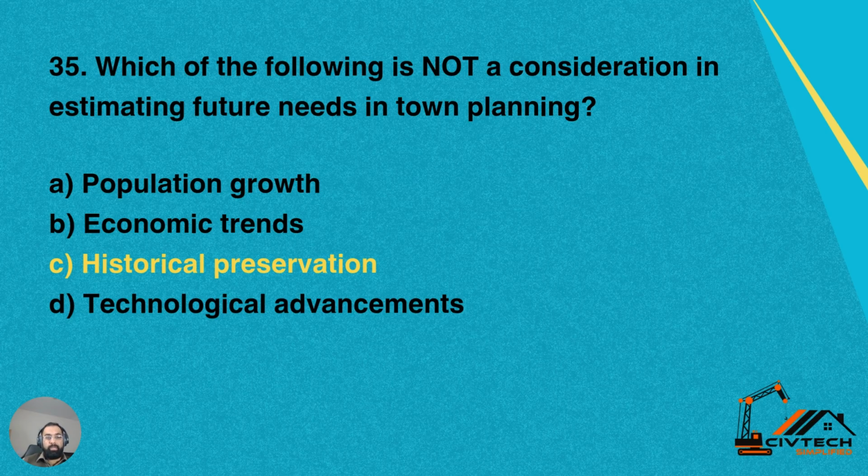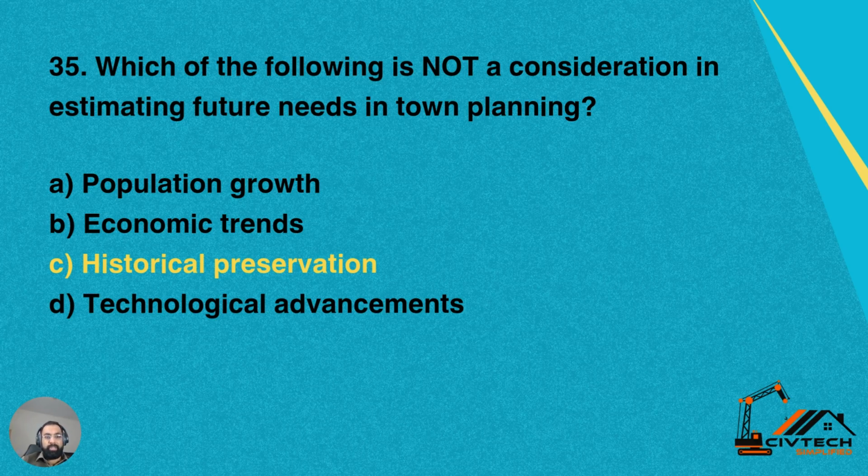Question number 35. Which of the following is not a consideration in estimating future needs in town planning? A, population growth; B, economic trends; C, historical preservation; D, technological advancements.